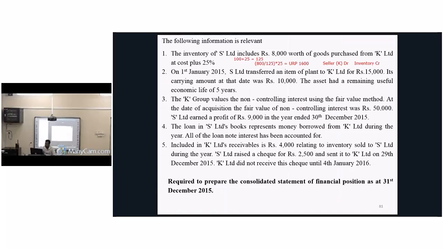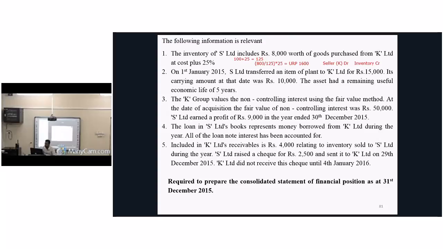Consolidated retained earnings debit and credit to group inventory. I will write my inventory here, credit 1.6. We will finalize it later. That's adjustment number 1.